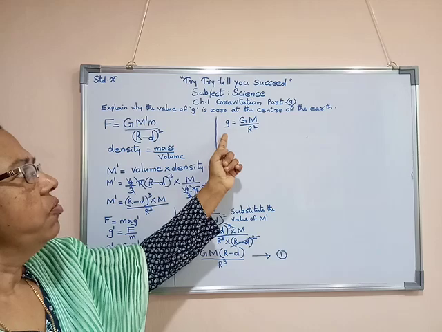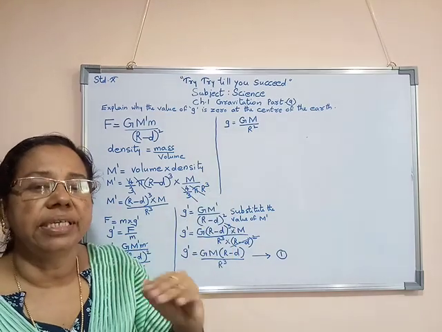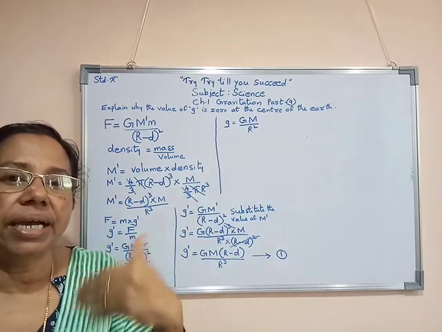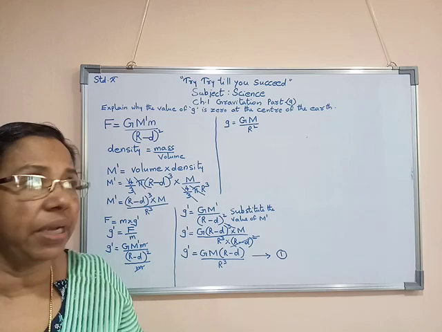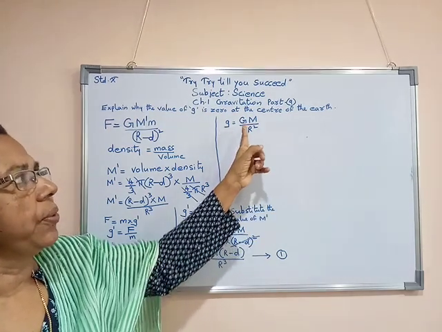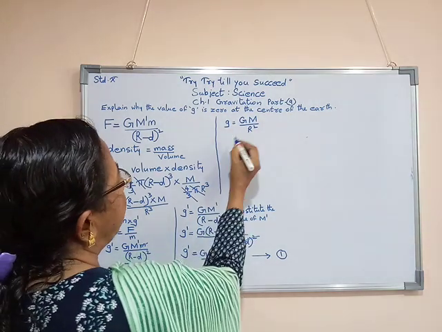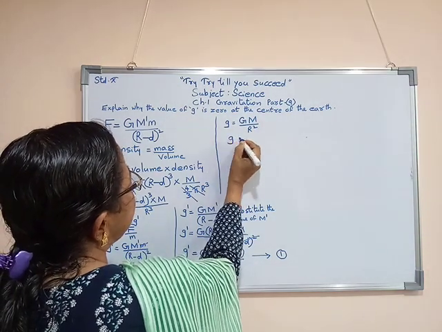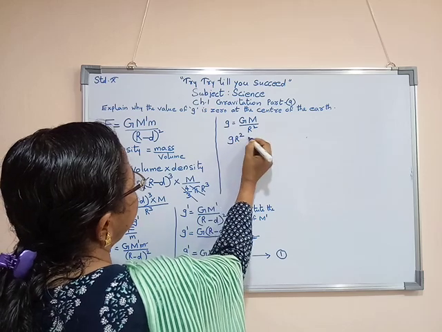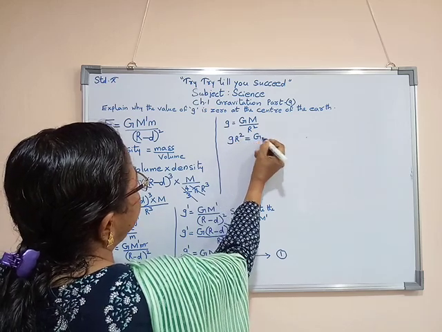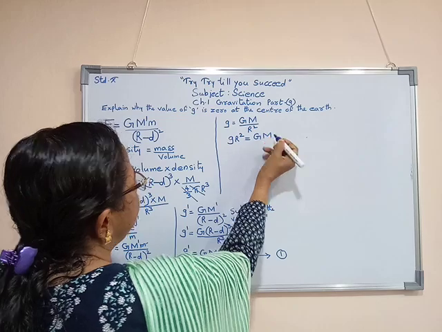We had already studied in the previous topic that small g is equal to capital G M upon R square. Now, if we multiply, we will get the answer here: g capital R square is equal to capital G into capital M.